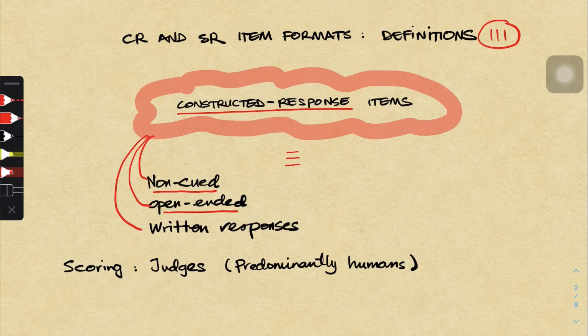If you learn about counseling, this is where you encourage the person to elaborate on his or her answer. You say, can you tell me what you mean by that, and things like that. It is the same for essays, for CR items. They are open-ended. You do not say the answer will be yes or no, true or false. And so these are the features of the items.